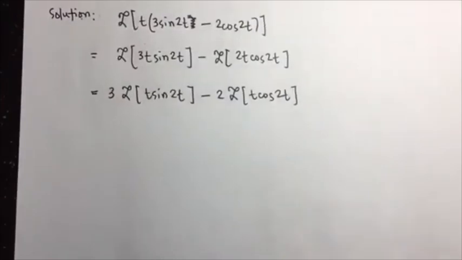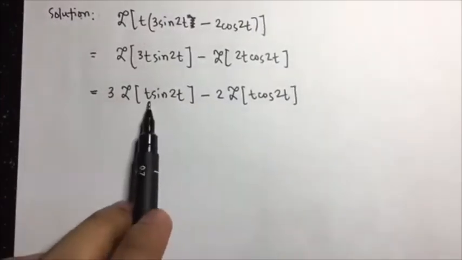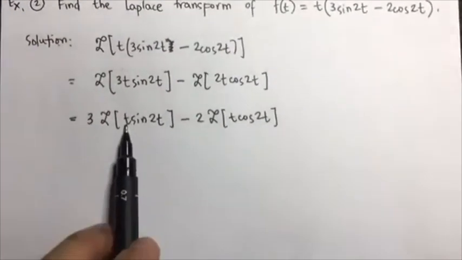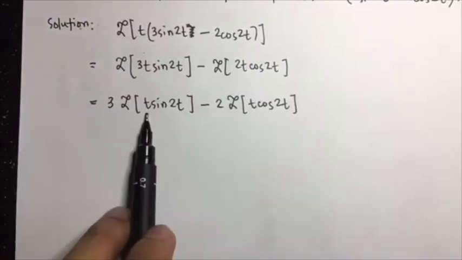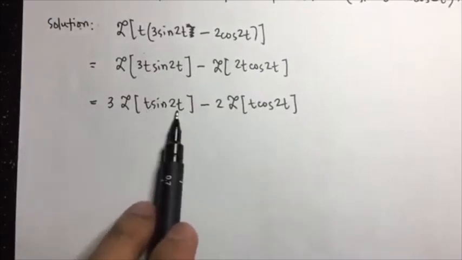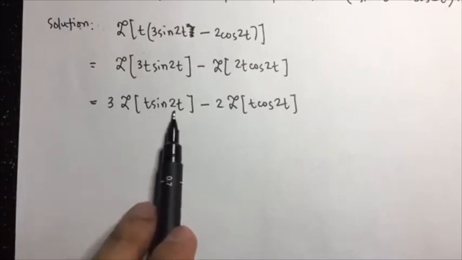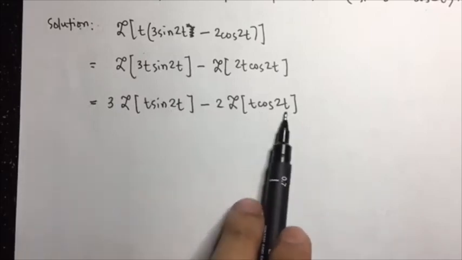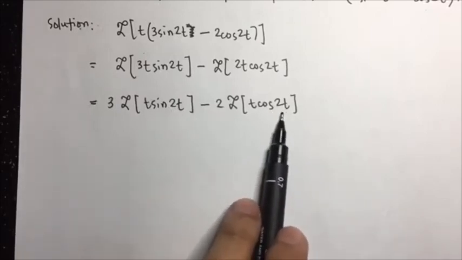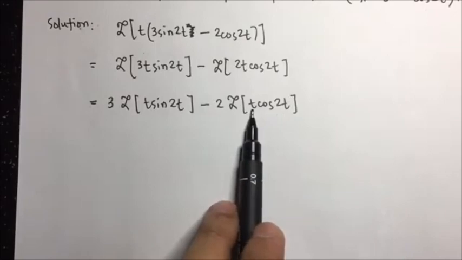Okay, so again, this is multiplication by powers of t. To get the Laplace transform of this, we have to derive the Laplace transform of sine 2t once, and then the same with the Laplace transform of cosine 2t. So we have to take its first derivative also.